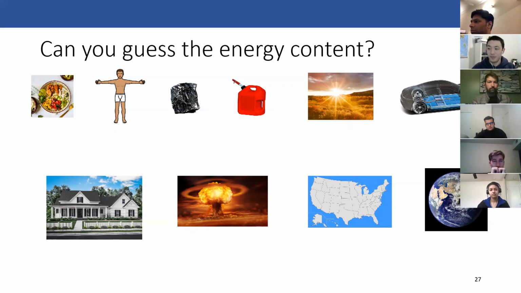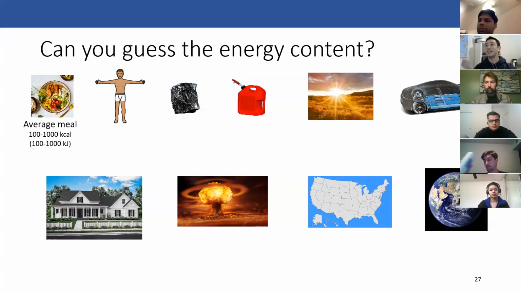This is fairly straightforward. We think about the rule, like 2,000 calories a day. In terms of real calories, that's about 2 million calories. And because the translation from calories to joules is less than a factor of 10, you're in the same ballpark.